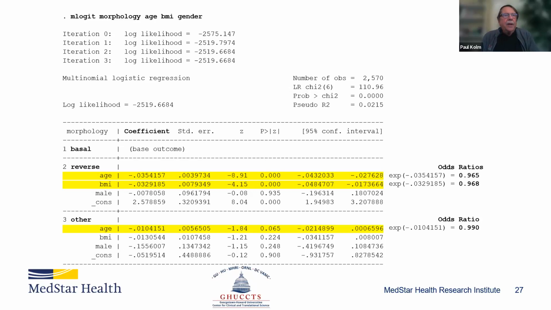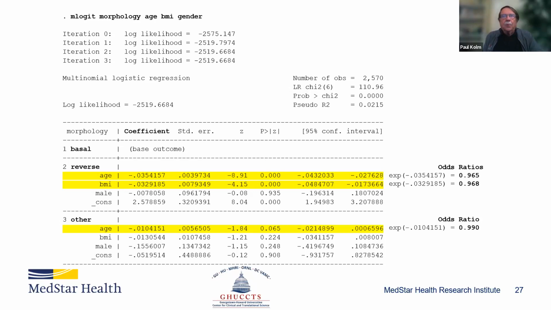That is interpreted in relationship to basal septal. So in other words, if we exponentiate age, for example, or BMI, we get an odds ratio of about 0.97. And so that's in relationship to the basal outcome.